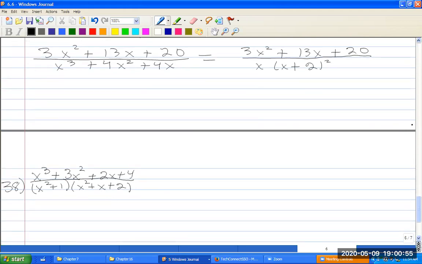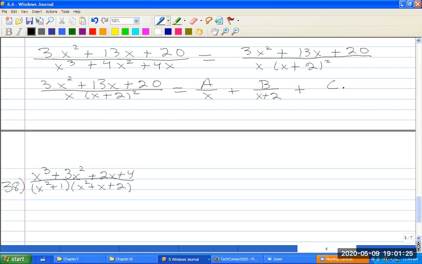Okay, so let's do this. I have 3x squared plus 13x plus 20 over x plus 2 squared must equal a over x, because I've got an x here, plus b over x plus 2. But I have an x plus 2 squared, so I have to have another constant, c over x plus 2 squared.